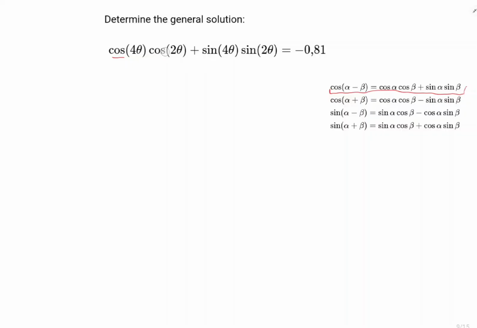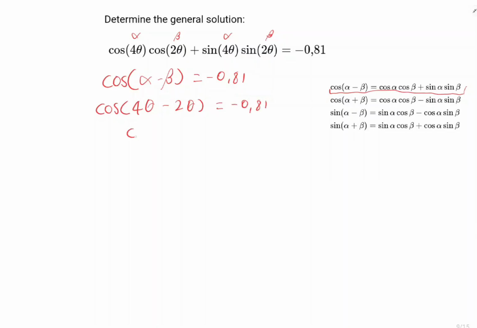Okay, so it's going to be cos(A minus B) is equal to minus 0.81. What is our A? It's here, A, B. So it's going to be cos(4 angle minus 2 angle) is equal to minus 0.81.